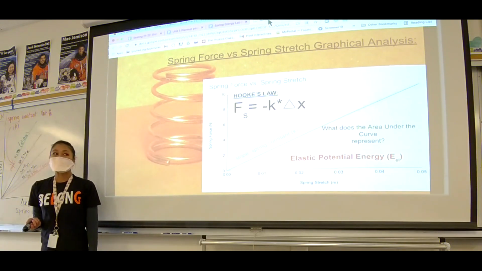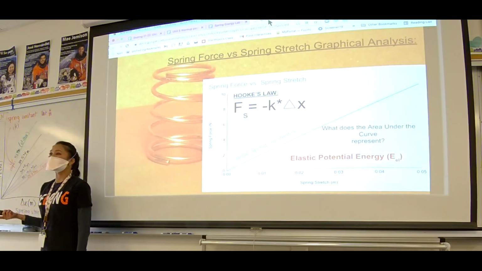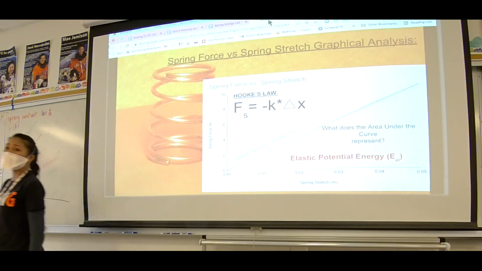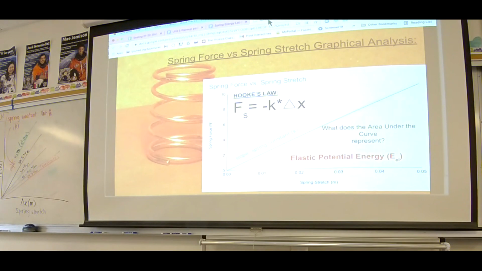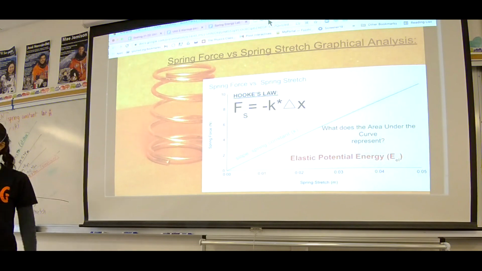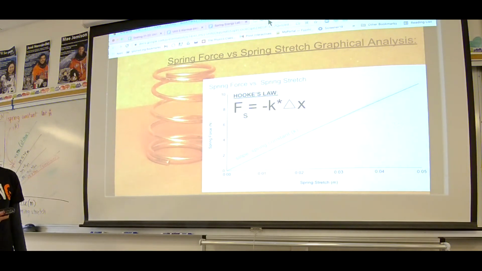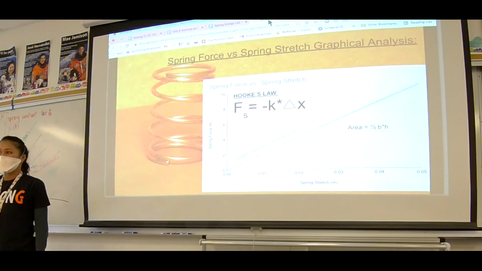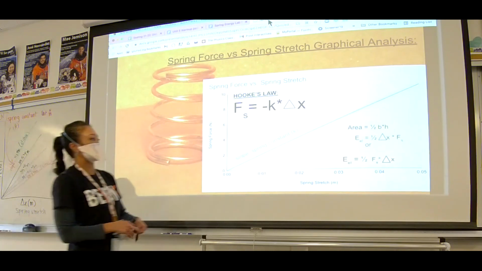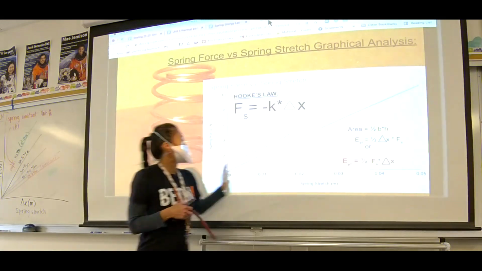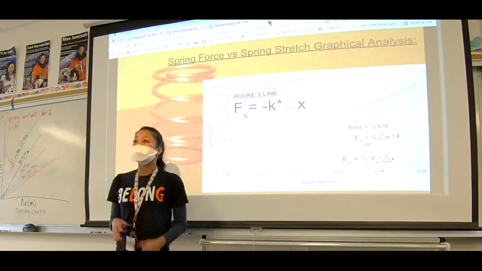Okay, so we're going to figure out what these equations are. These equations are already in your physics helper. And sure, I could give them to you and you can calculate with them, but they actually come from the graph that we created in this lab today. So first of all, the area under the curve is 1/2 base times height. The base represents my delta x. The force represents my spring force.